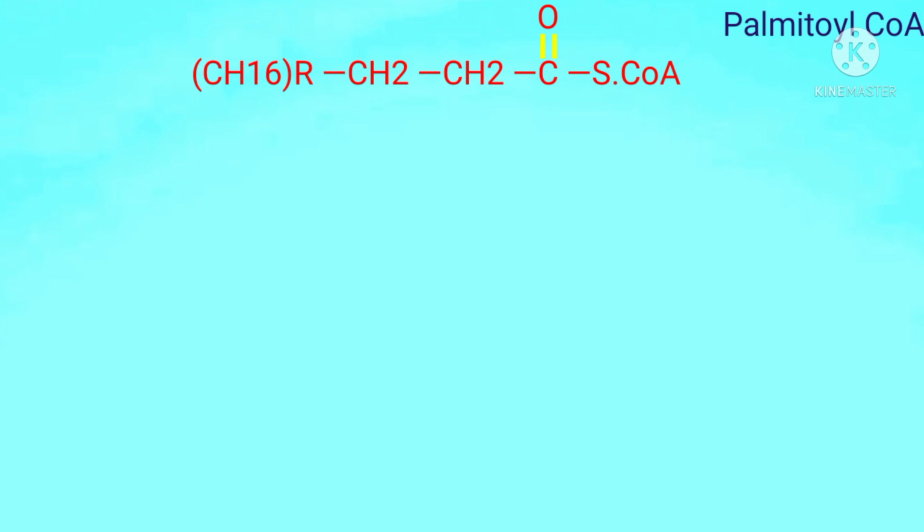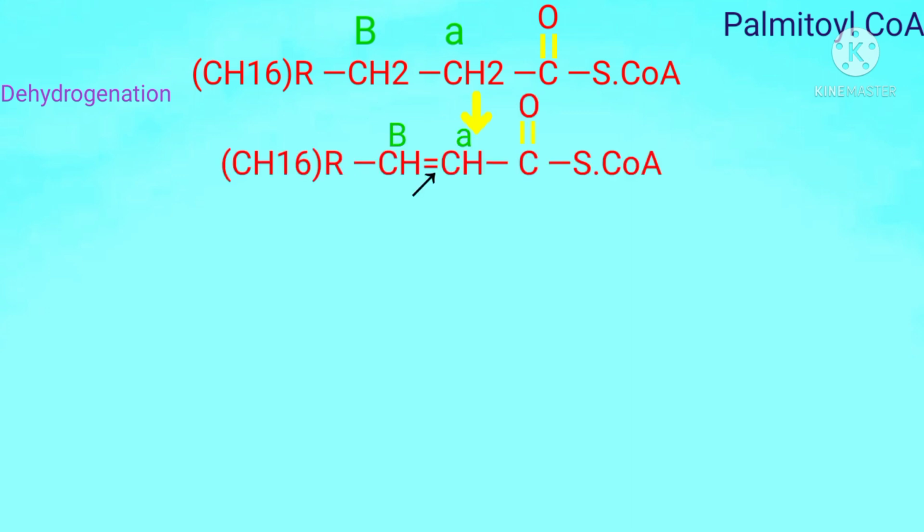Here you can see the alpha and the beta carbons of this fatty acid. The first reaction in the series of beta oxidation is a dehydrogenation reaction. Students, hydrogen atoms are removed from the beta and the alpha carbons, which causes the formation of a double bond between them.